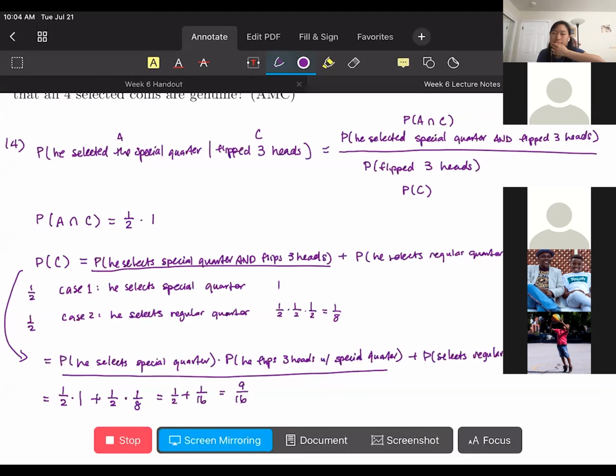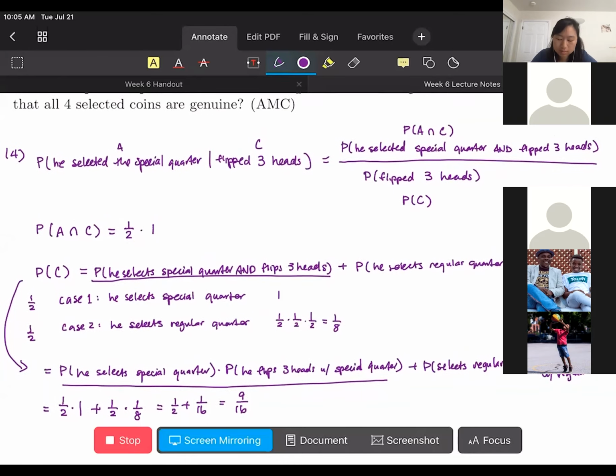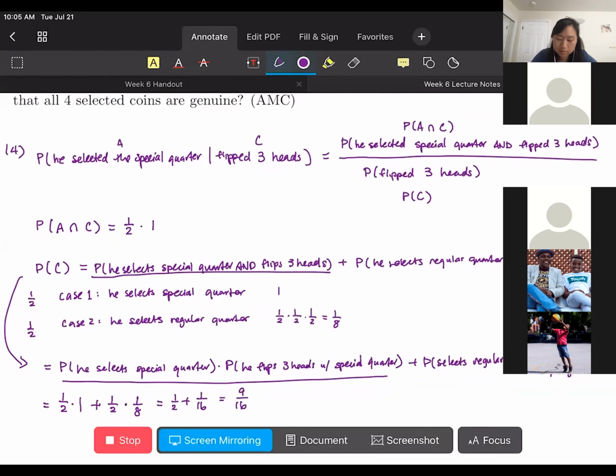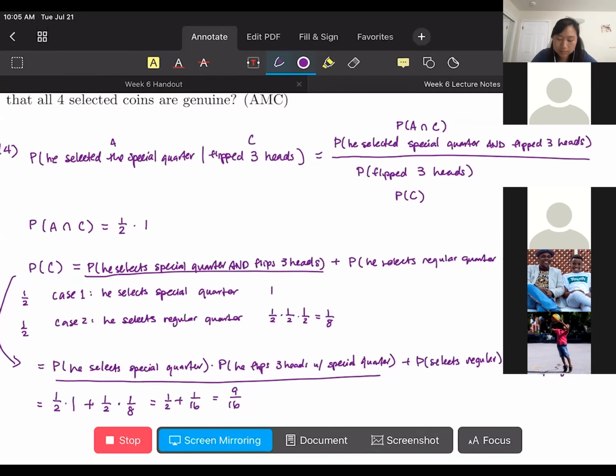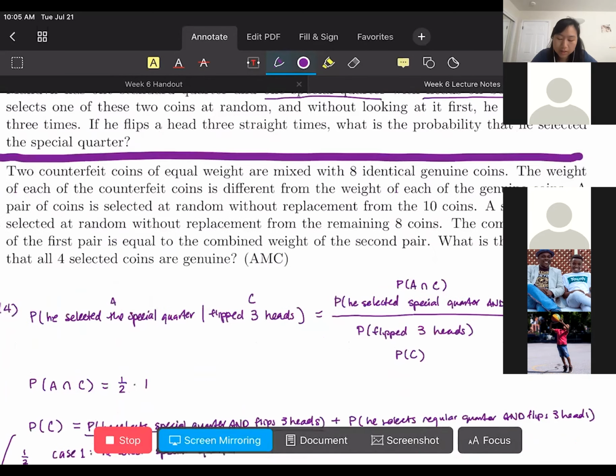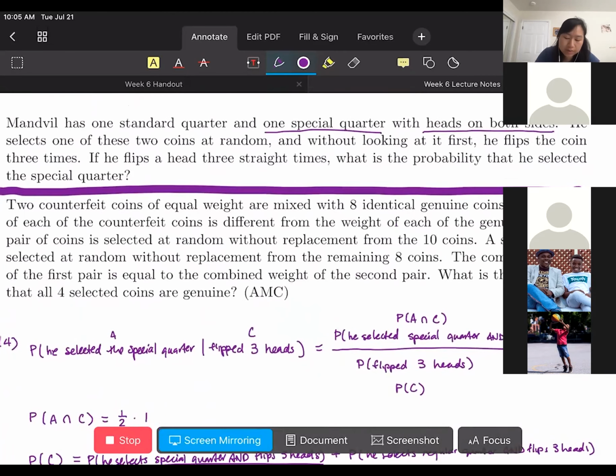Please, I don't really get why the probability for the case if he selects a special quarter is 1, because the total probability should sum up to 1. Yeah, so basically the special quarter has heads on both sides.